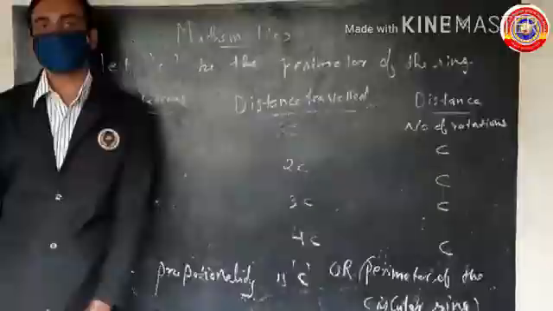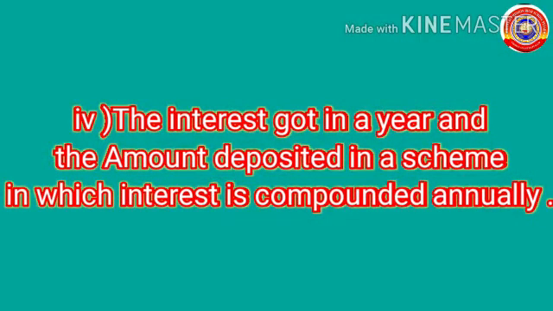Consider the fourth sub-question. In it, the interest got in a year and the amount deposited in a scheme in which interest is compounded annually.